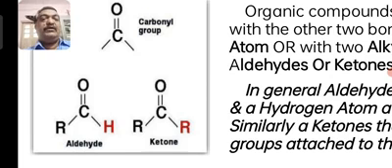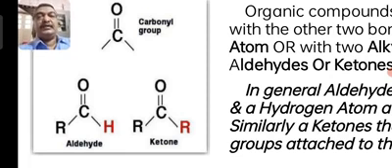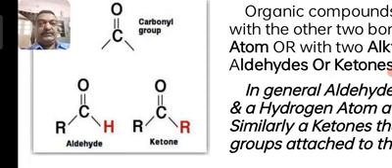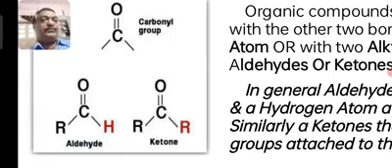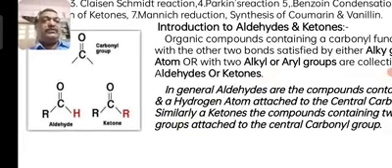If the two valencies are satisfied by R and R, that is an aromatic or aliphatic group, then it is called a ketone. Depending upon the type of valency satisfied, we can classify it as an aldehyde or a ketonic class of organic compound. In general, we have this simple definition.